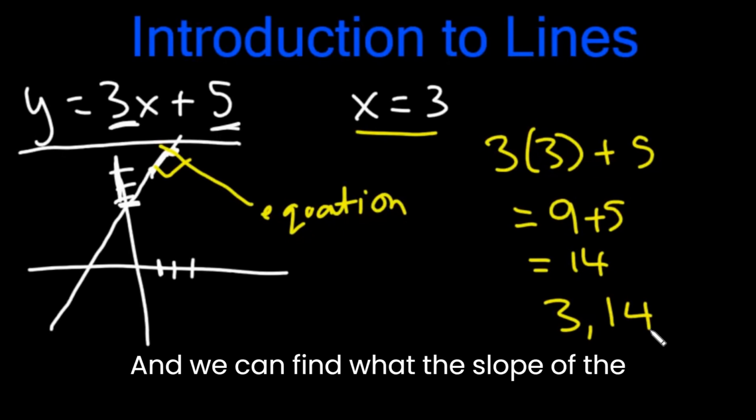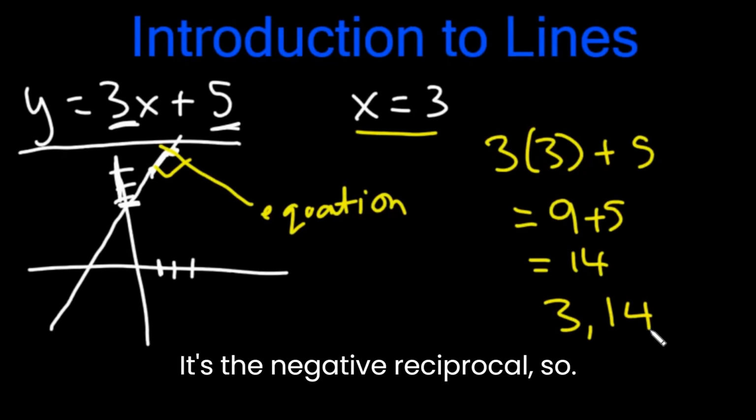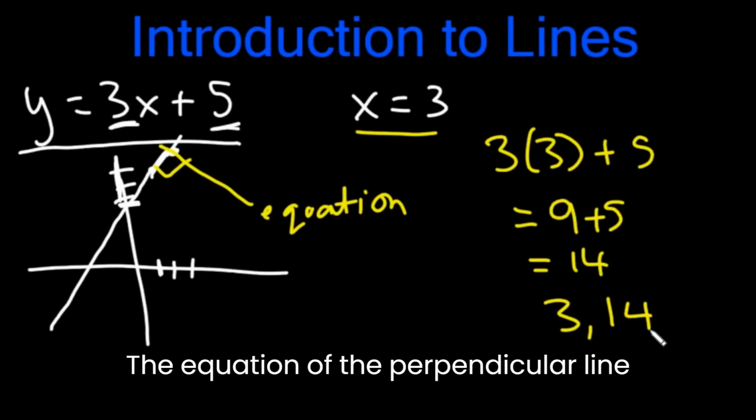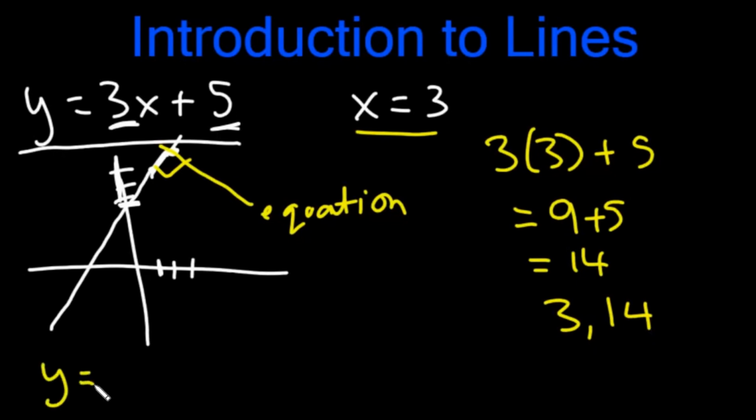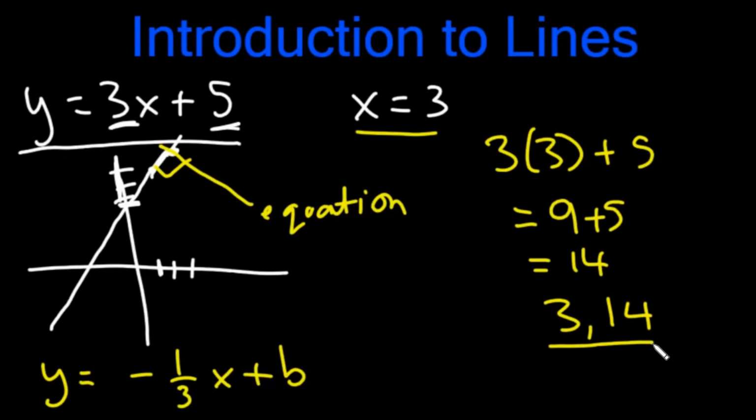And we can find what the slope of the perpendicular line is. It's the negative reciprocal. So the equation of the perpendicular line will be y is equal to negative 1/3 x plus b. And we know that this is a point on the perpendicular line.